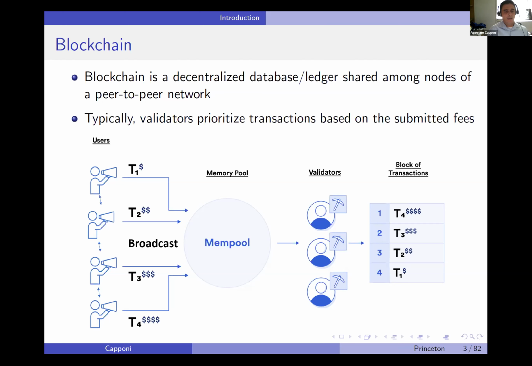The validators who get selected to update the blockchain, which means to append the block, will pick these transactions in order of decreasing fees. So first it will take the transaction which has paid the highest fee, then the second highest fee, etc. Essentially, if you want quick execution, you need to bribe the validators by paying a large fee when you submit the transaction.